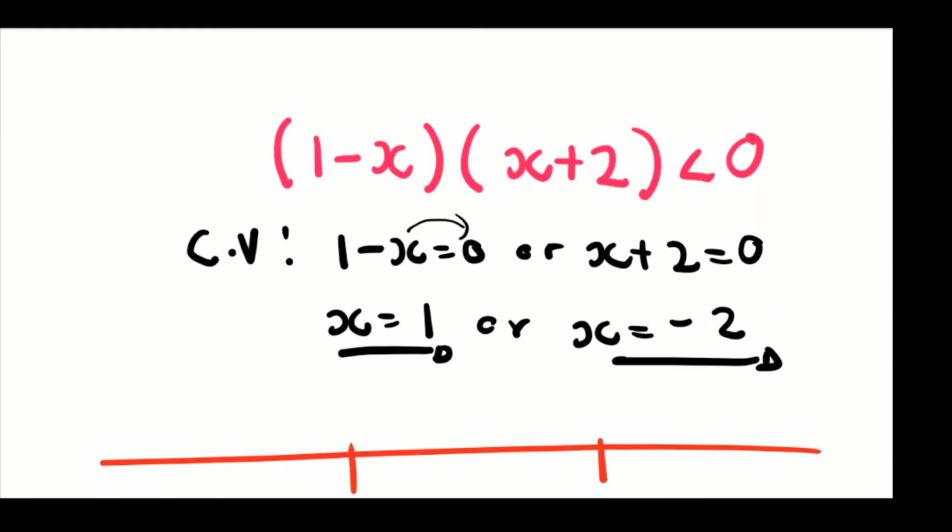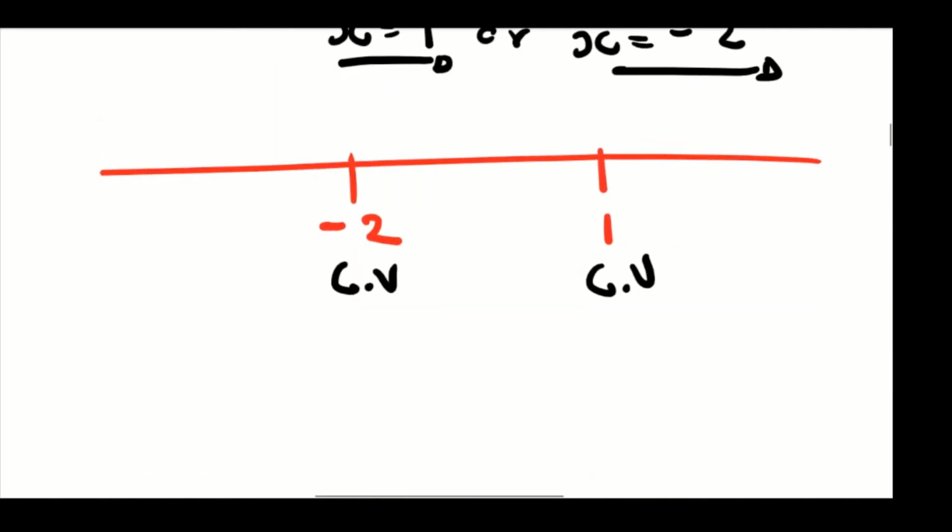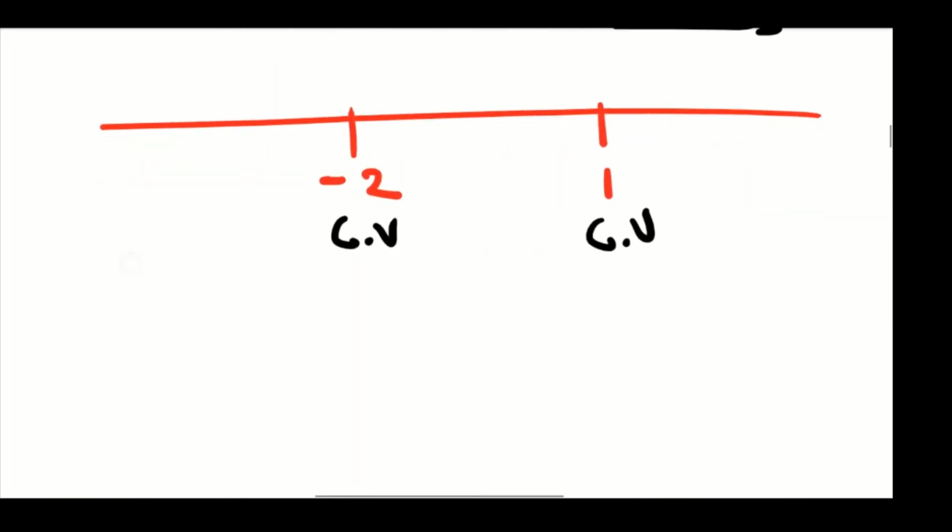The main solution we are interested in is the negative solution of y, because we are given an inequality that says find the values of x such that the values of y are less than 0. So we are mostly interested in y values being negative.